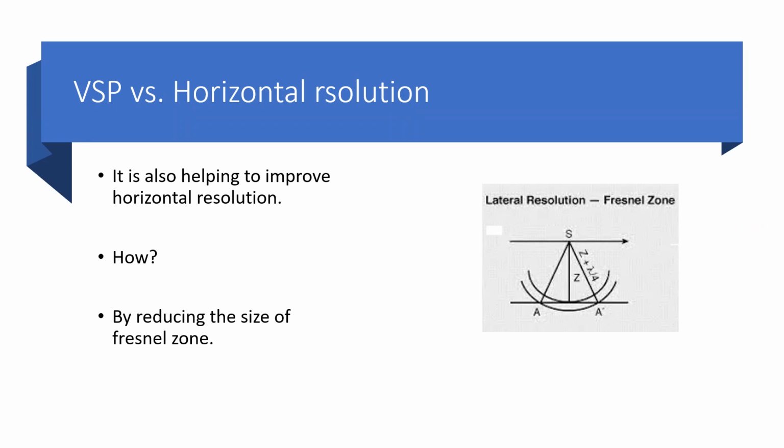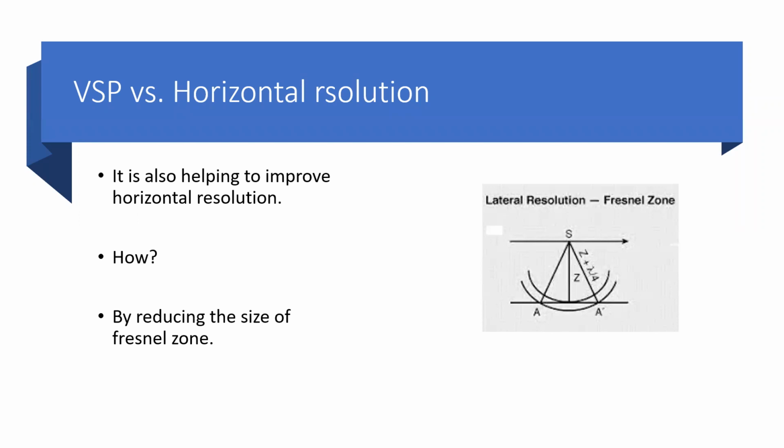So the question is, what is a Fresnel zone? The Fresnel zone has been shown here in the figure. It can be defined as a frequency and range dependent area of a reflector from which most of the energy of a reflection is returned, and arrival times differ by less than half a period from the first peak.